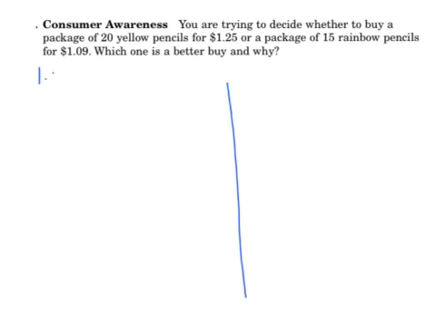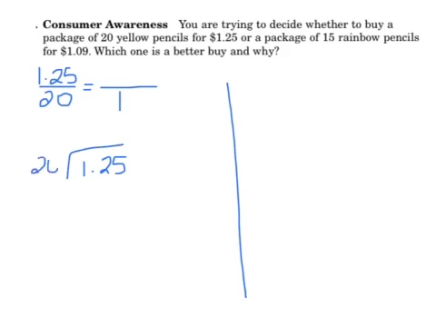So in our first example, I'm going to go and split my screen in half. I've got $1.25. And that goes for 20 pencils. So what we want to do is we want to find out what it costs per pencil. So I'm going to divide $1.25 by 20. I'm going to pull that decimal up. It doesn't go in that evenly. It does not go into that. It can go into 125 6 times. That would be 120.